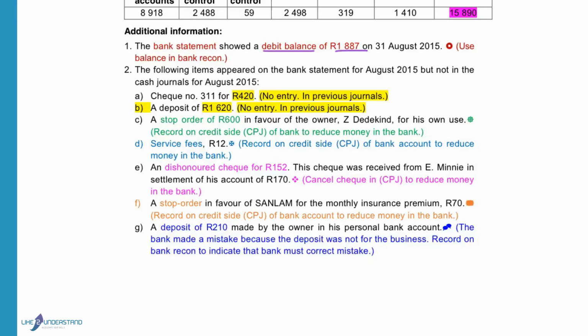The following items appeared on the bank statement for August, but not in the cash journals for August. So first of all, we will go and look in the previous bank recon to see if this check 311 for 420 and the deposit of 1620 appeared in the previous bank recon.